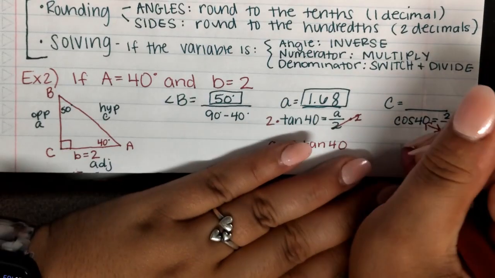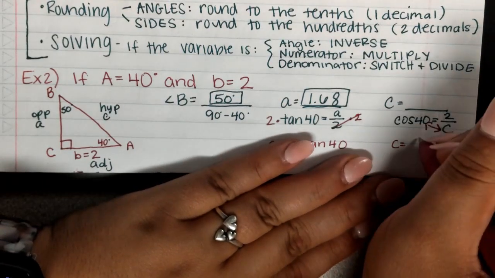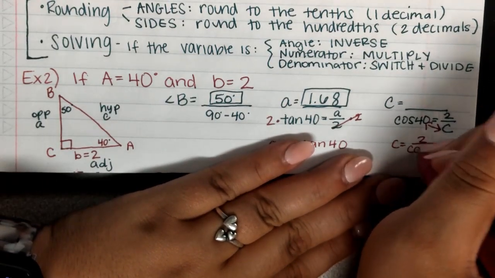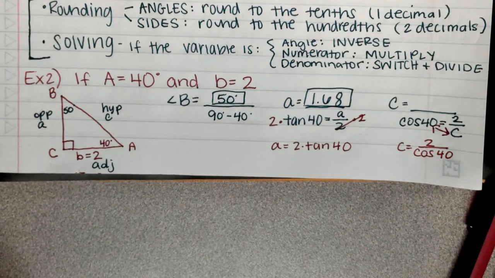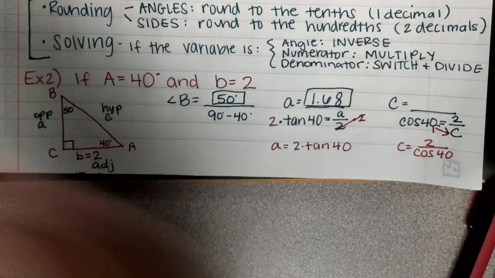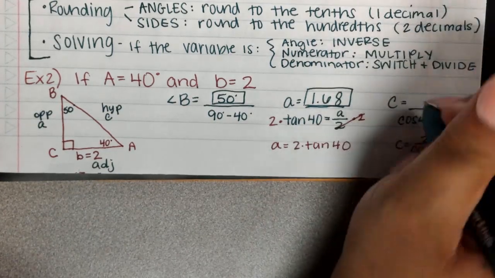So what am I going to end up typing in my calculator? 2 divided by the cosine of 40. And what is 2 divided by the cosine of 40? 2.61 is my answer.